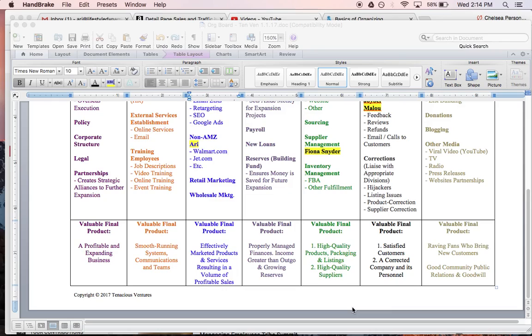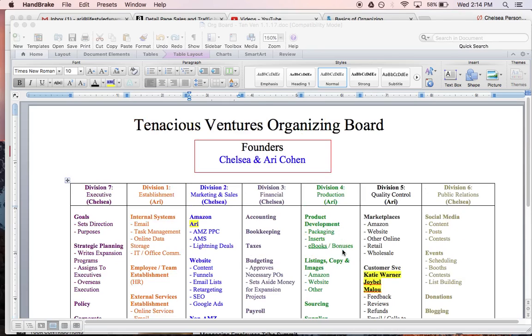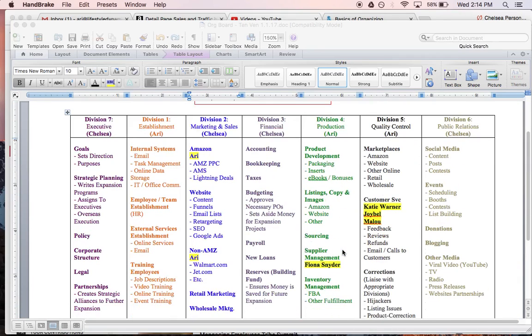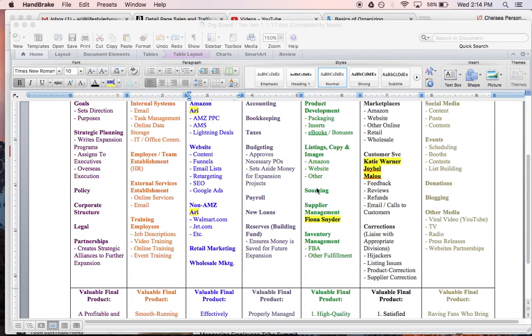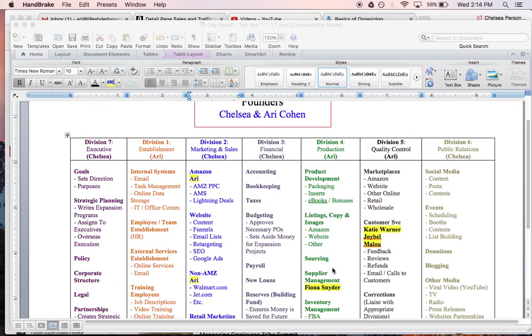And also high quality suppliers. I wanted to separate those out because it's important that the supplier is a product of Division 4. This person's job is to find those suppliers, build the relationships, and make sure that they're quality suppliers, right? So I wanted that in that division.